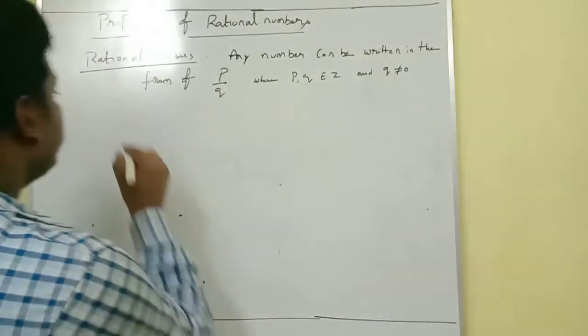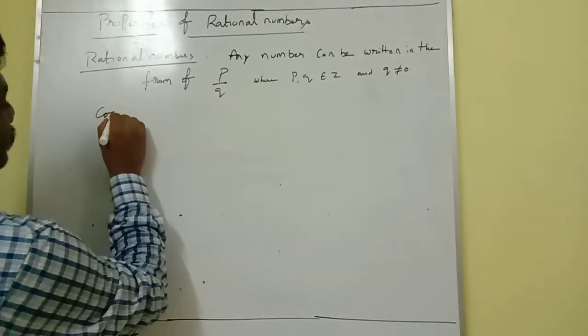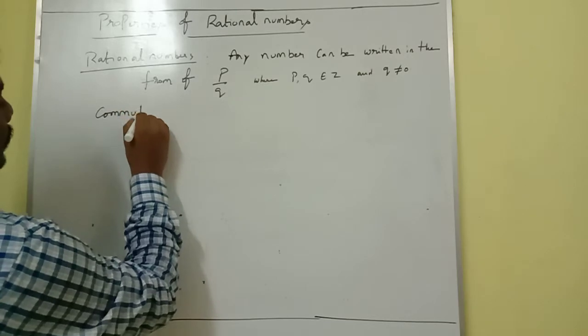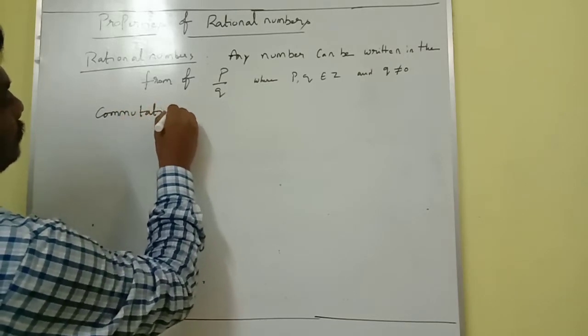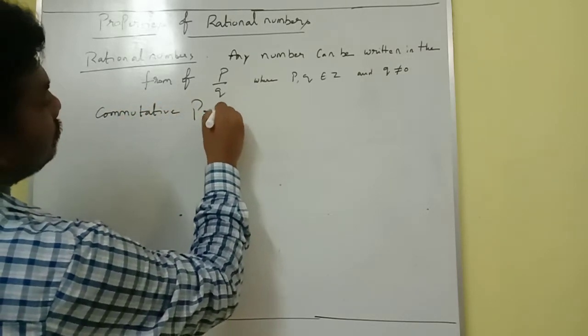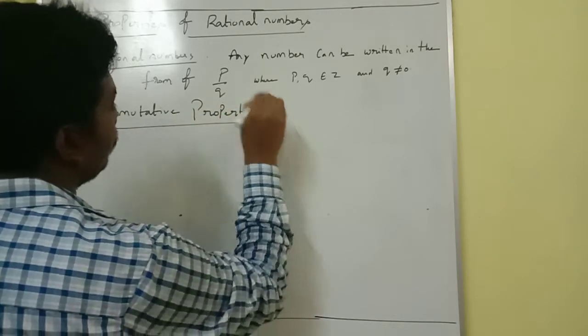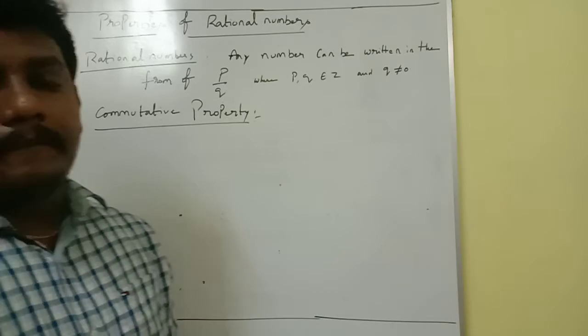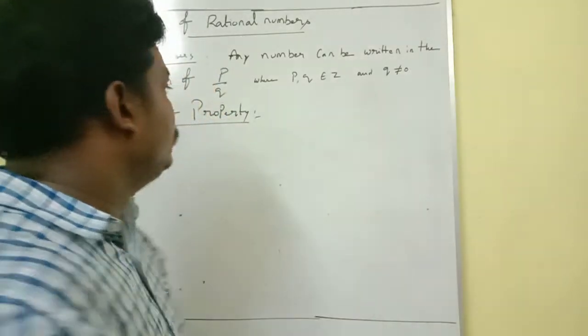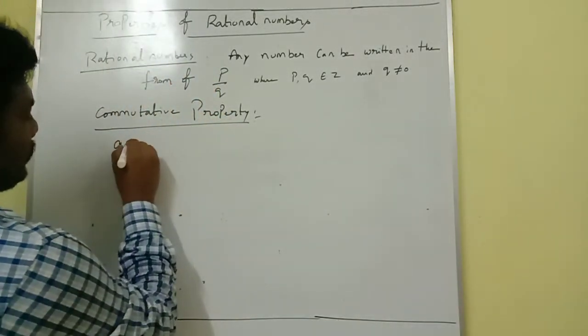So commutative property, we can see. Let me consider again, a comma b are any two rational numbers.